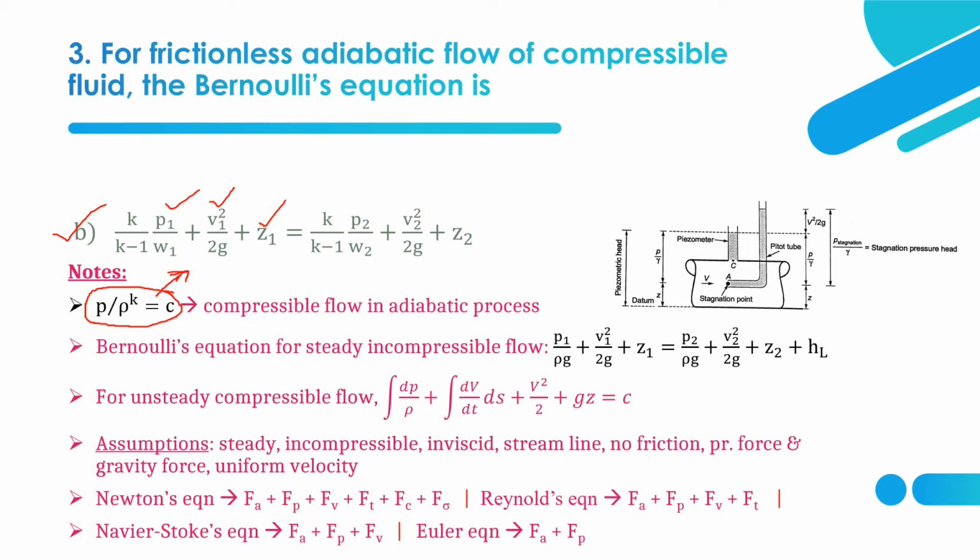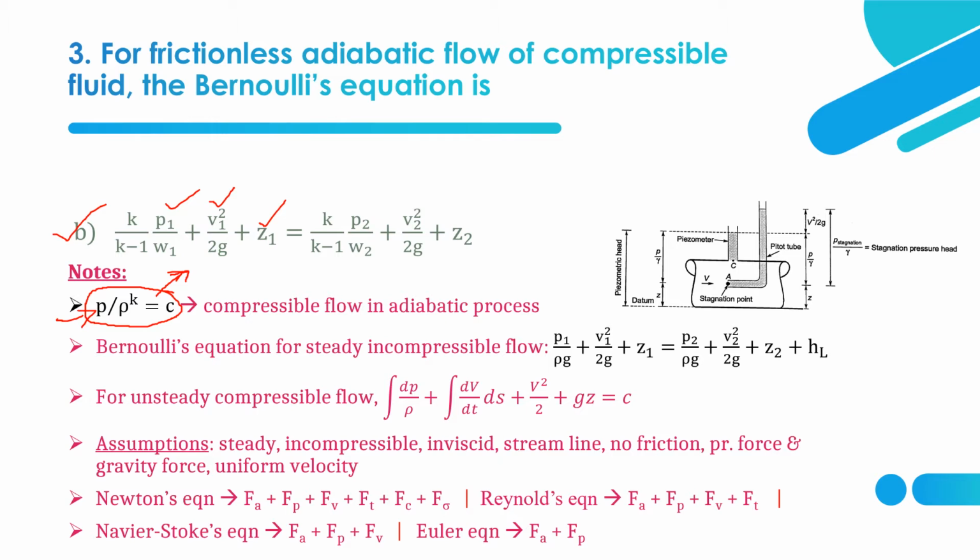That means K by (K minus 1) P by rho g plus V square by 2g plus datum head remains constant. So this is the basic Bernoulli's equation for frictionless adiabatic flow of a compressible fluid, and for that we use the general equation P by rho to the power K equal to a constant.